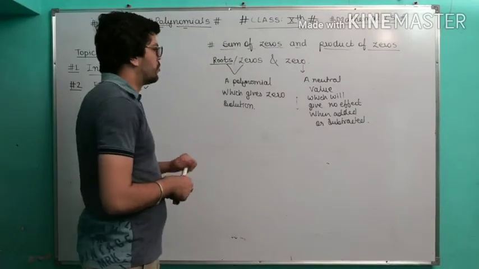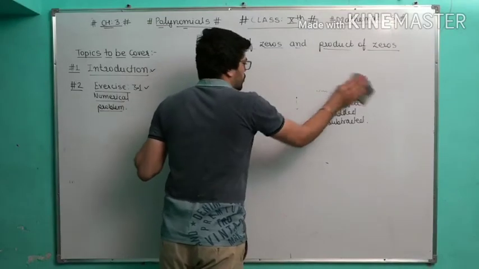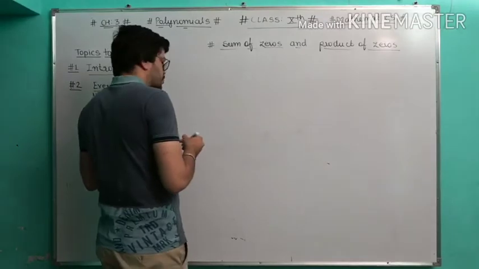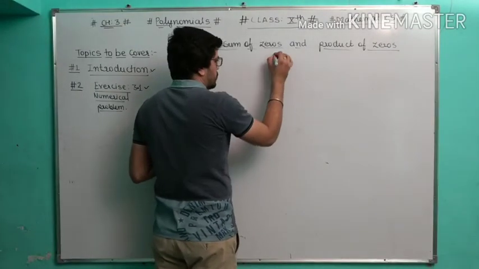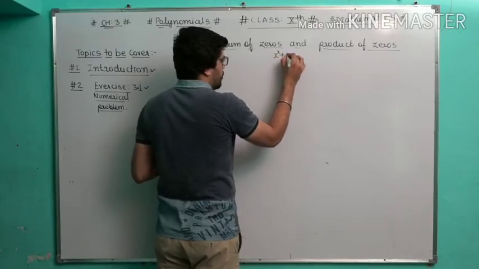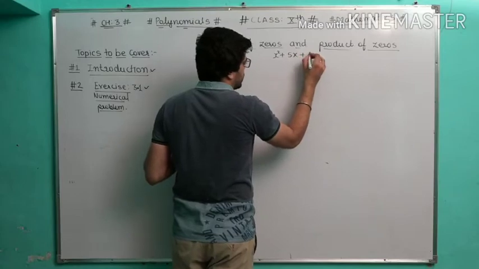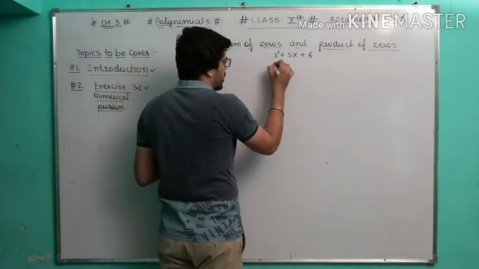Now we are talking about the formula. How can we deduce the formula? In 7th class you understood factorization. Suppose I tell you this is x square plus 5x plus 6 and I tell you to do the factorization. What will you do?